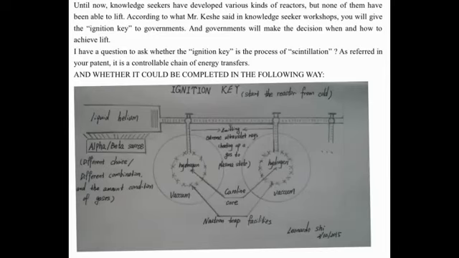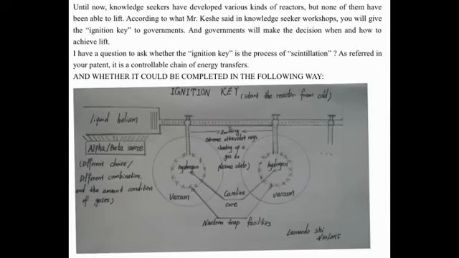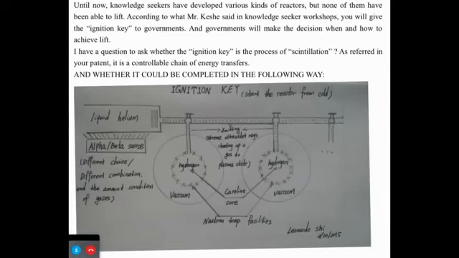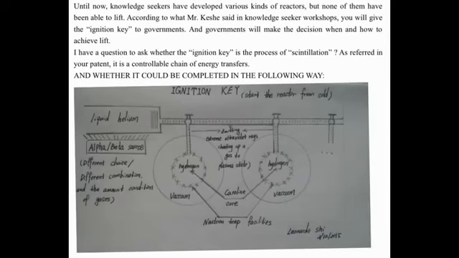Okay, what we have here is a question from She. How's it pronounced again? She, yes. Okay. She says, until now, knowledge seekers have developed various kinds of reactors, but none of them have been able to lift.